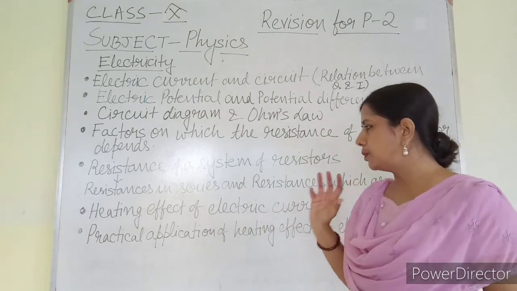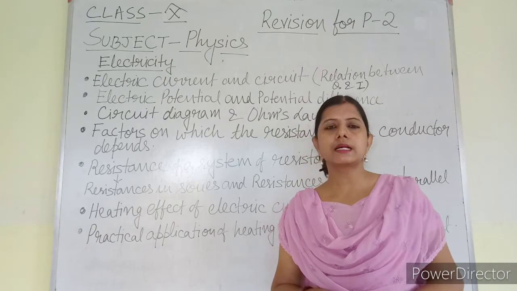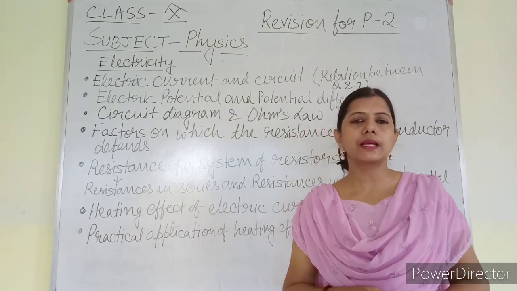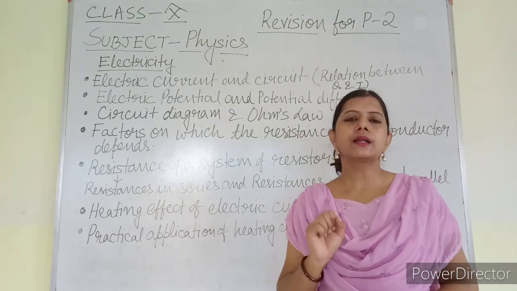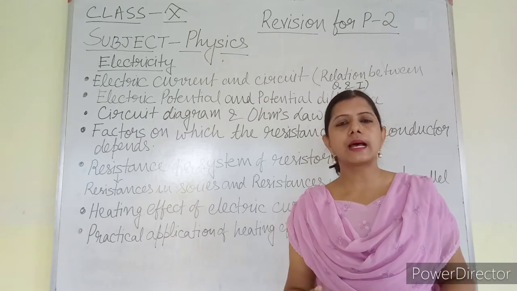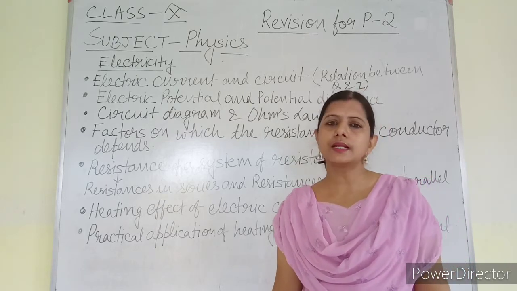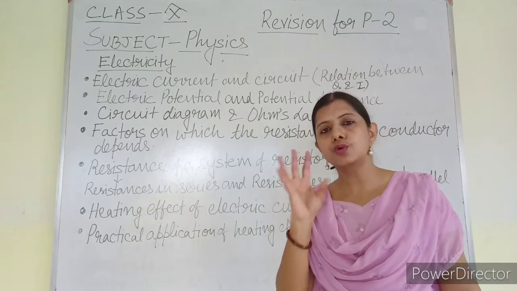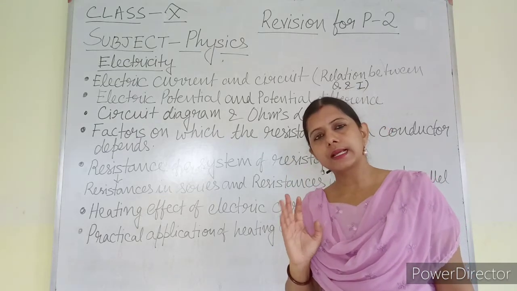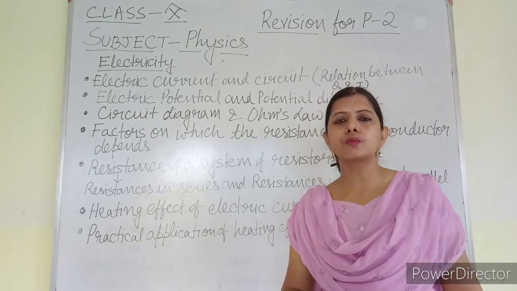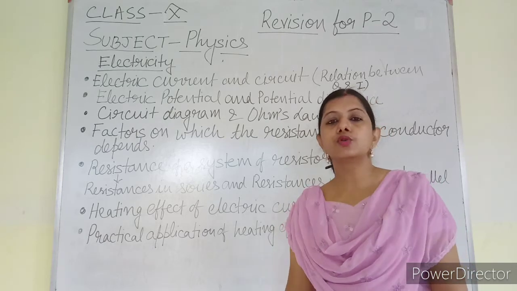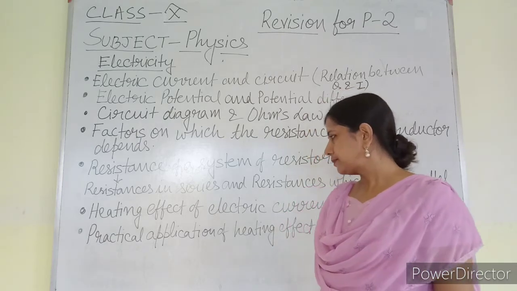How the equivalent resistance of a series connection and a parallel connection can be calculated numerically, that you have to know, and based on that various numericals are there that you have to practice. At least if you know the formula, you can get marks. If you write down the formula, some marks are going to be given for that also.